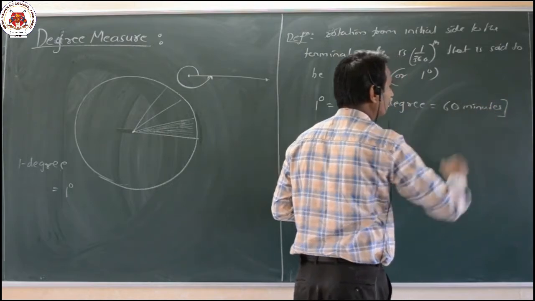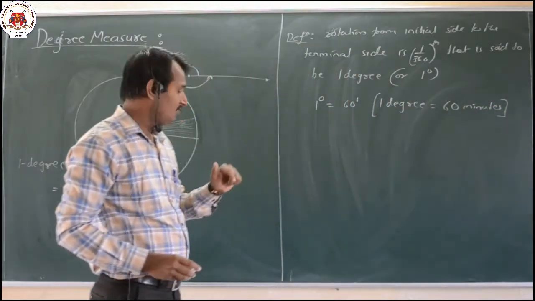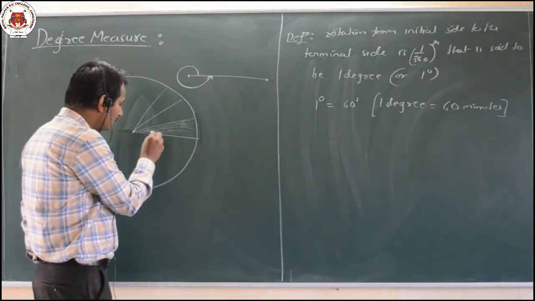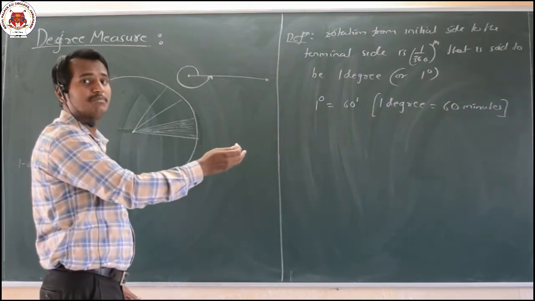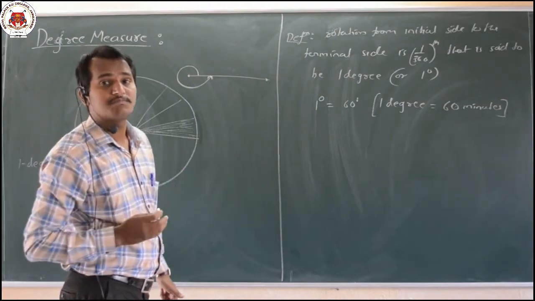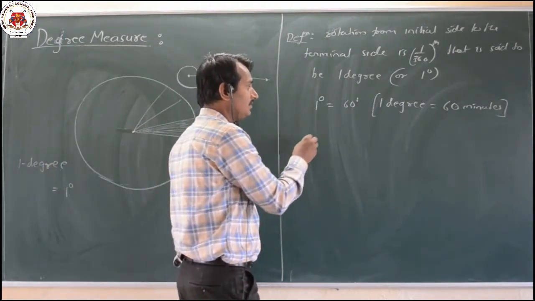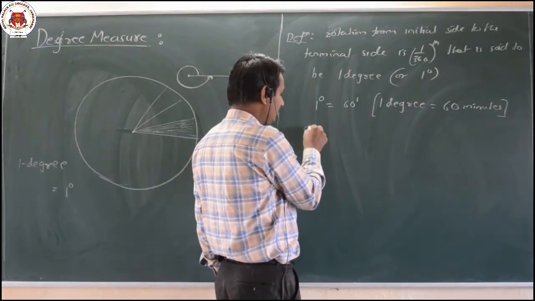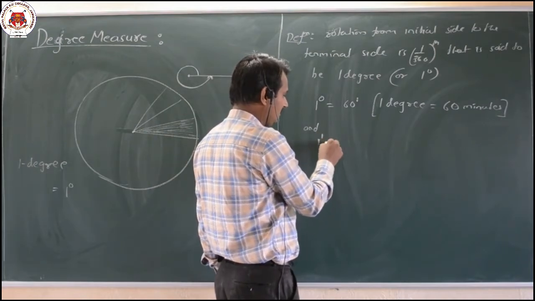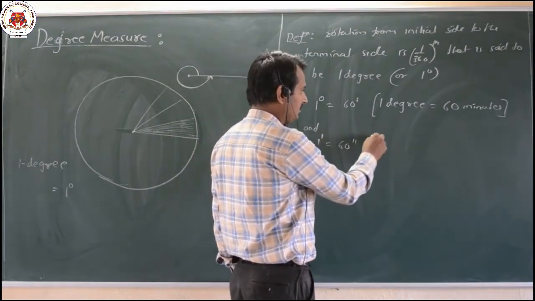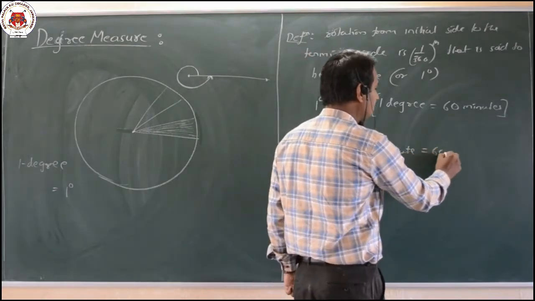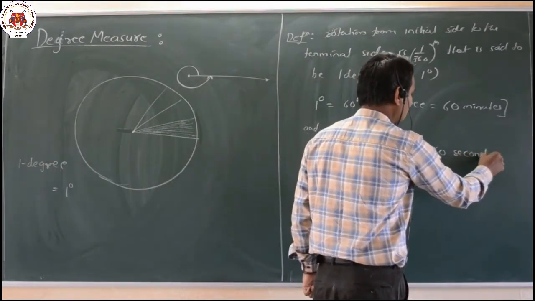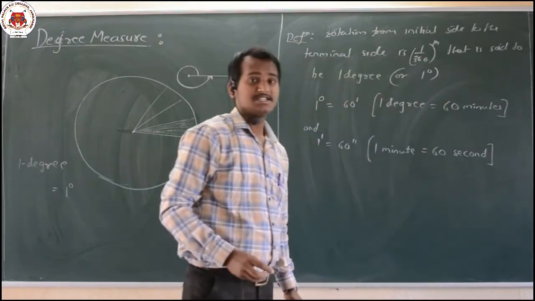Very important thing. Now observe that this one particular minute is again divided into 60 parts, and those 60 parts are said to be seconds. So 1 minute is equal to 60 seconds.